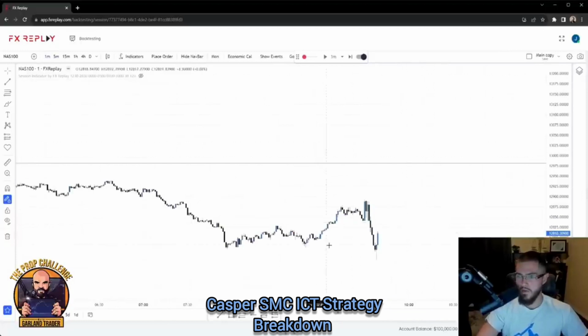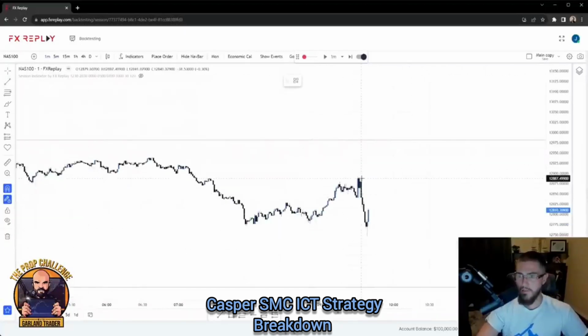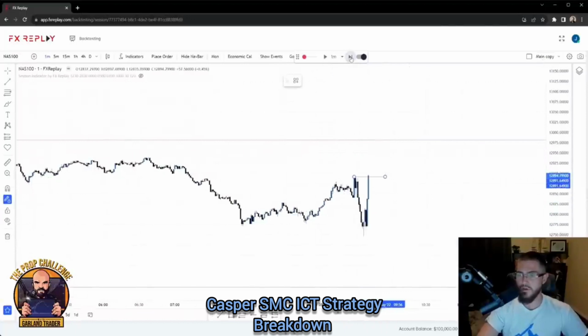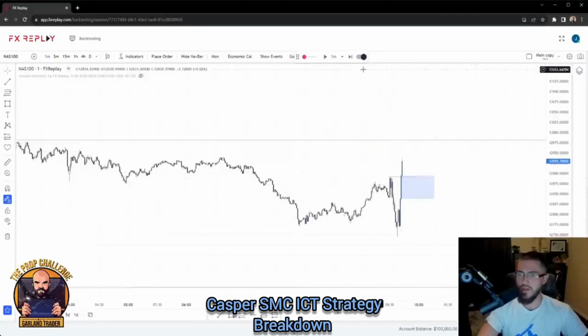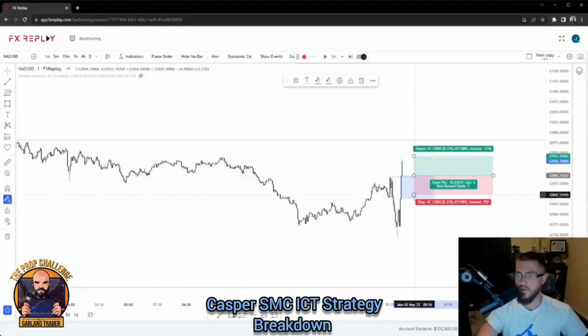So if we're looking at the market in that context, right, we can map out structure that was formed before we took out this sell side liquidity in order to maybe get a trade. So if we look here, this doesn't really look like there's going to be enough risk to reward from the overall entry right here.